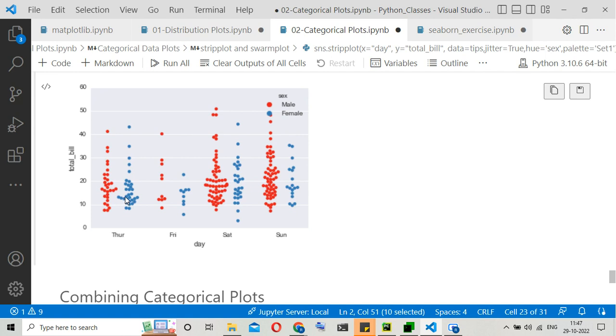That's all you can conclude from these plots. Based on the data, we can say very few people come on Friday.